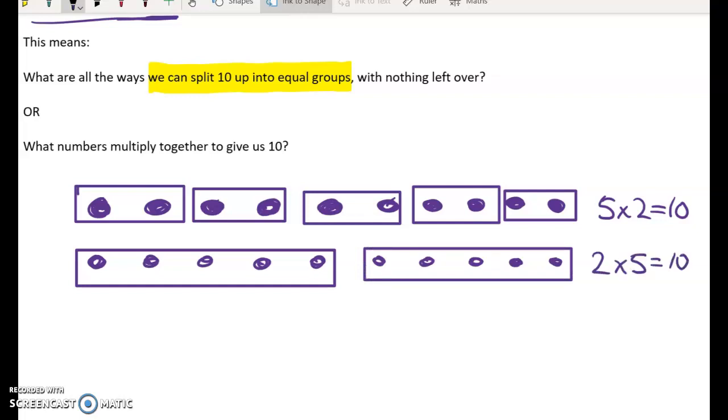Now, you all know that 5 lots of 2 and 2 lots of 5 works out to be the same thing, right? But it's just a different way to think about the groups that we've got. So 5 and 2 are factors of 10 because there's nothing left over when I do those dots with equal numbers in them.